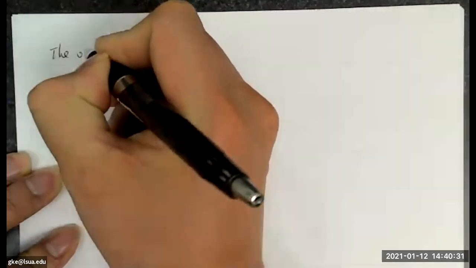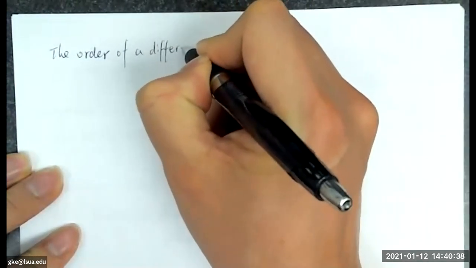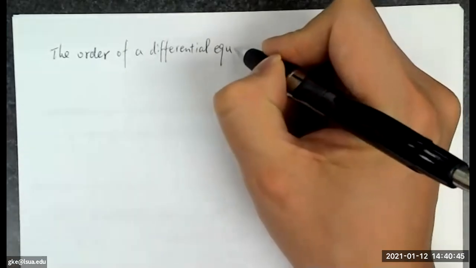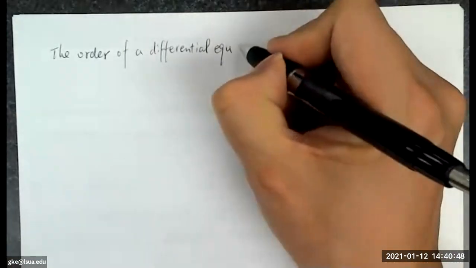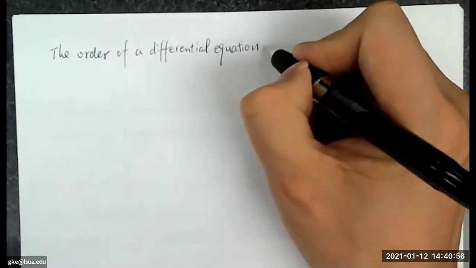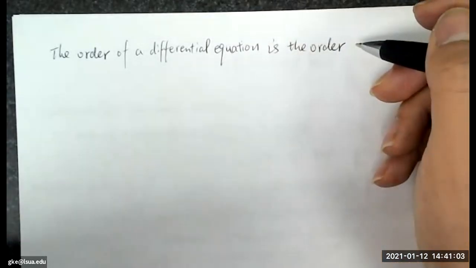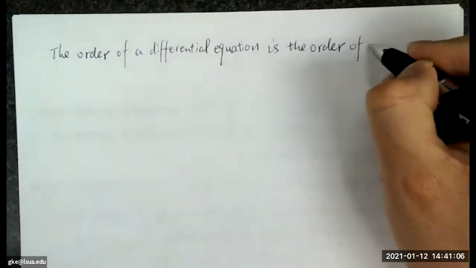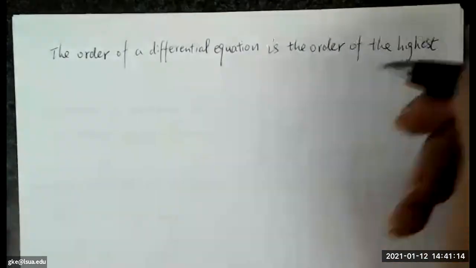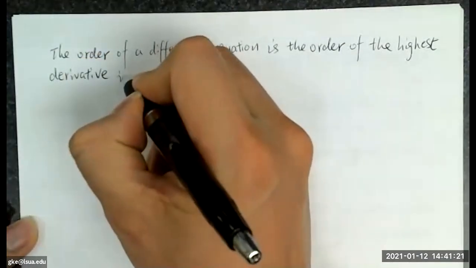The order of a differential equation is the order of the highest derivative in the equation.